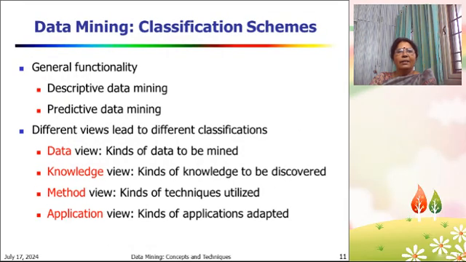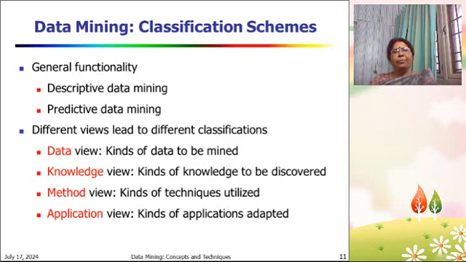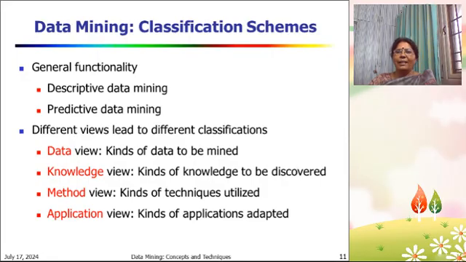Generally, the functionality of data mining can be categorized into two types: descriptive data mining and predictive data mining. By descriptive data mining, we describe the data. We characterize or summarize the features from the given data set. In predictive data mining, given a set of data, we try to predict an unknown value.